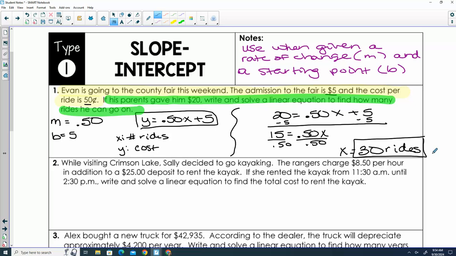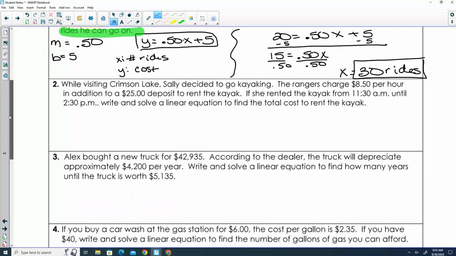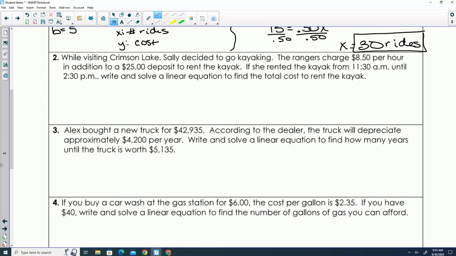Okay. Let's look at another one. While visiting Crimson Lake, Sally decided to go kayaking. The rangers charge $8.50 per hour in addition to a $25 deposit to rent the kayak. That's what I need to write my equation. m is my rate of change. That's something that we have to pay repeatedly.